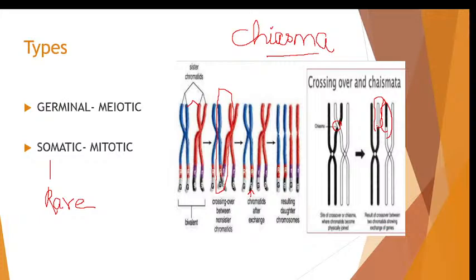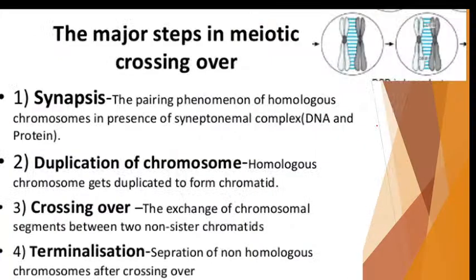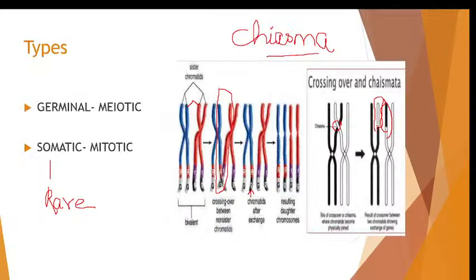Then during gamete formation, the intact chromosomes lie together side by side, and they undergo recombination.